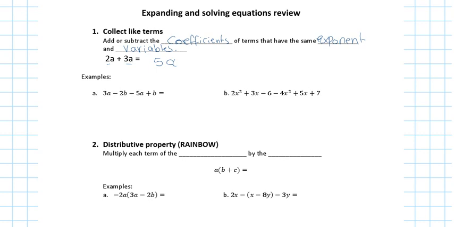So if I have 3a minus 2b, take away 5a plus b, what do I collect? 3a minus 5a, which is negative 2a. Remember that I don't want the equal sign at the end. Usually the equal sign is at the beginning or in the middle. So if you have an equation, it will be in the middle.